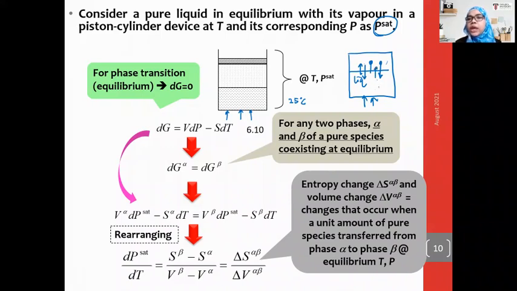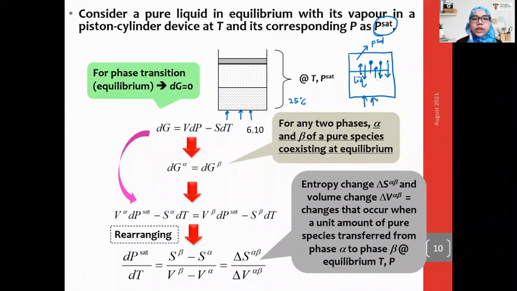So molecules return to become gas, and then the gas tries to return back to the liquid. So we have an equilibrium rate here. Since we have this equilibrium rate, the pressure is known as the saturation pressure, at a given temperature at equilibrium.